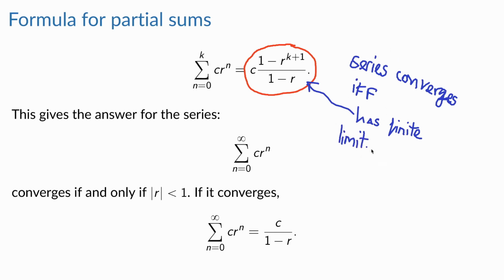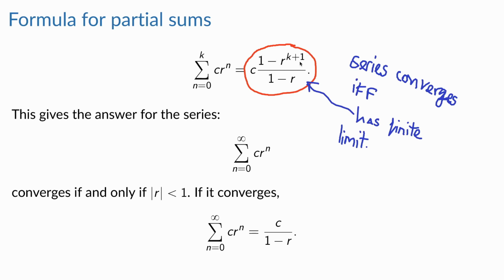And that's precisely the question we need to resolve. If we take a limit as k goes to infinity, if r is a negative number that is smaller than -1, this thing is just going to oscillate, and so there will be no limit. If r equals -1, this also oscillates and there's no limit. If r is less than 1 in absolute value, this whole power of r is going to 0.